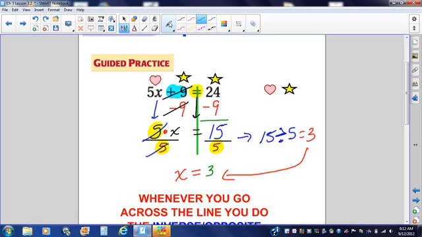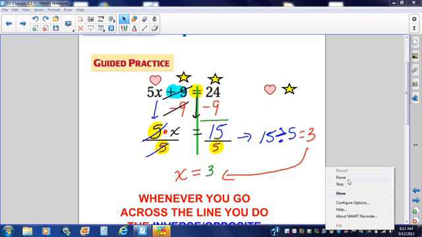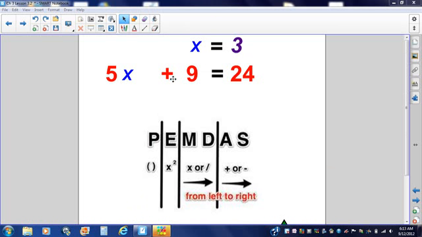Now, let's take a look at how to check your answer. Okay, let's check your answer. So please write the equation down again. 5x plus 9 equals 24. When we solved our equation, we said that x equals 3. So I am going to take out the x, and I'm going to substitute or plug in a 3.